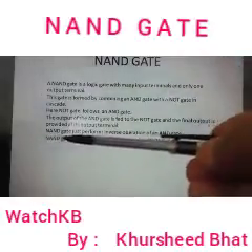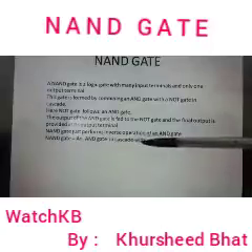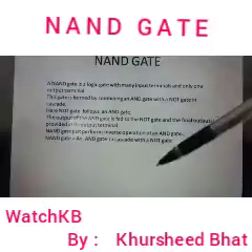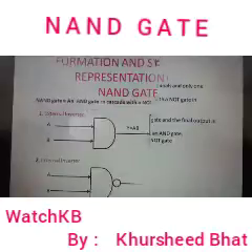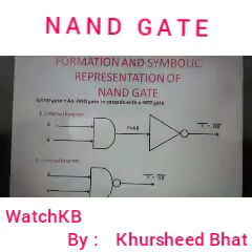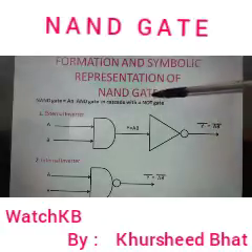So a NAND gate is an AND gate in cascade with a NOT gate. We already know that a NAND gate is the combination of an AND gate and a NOT gate.